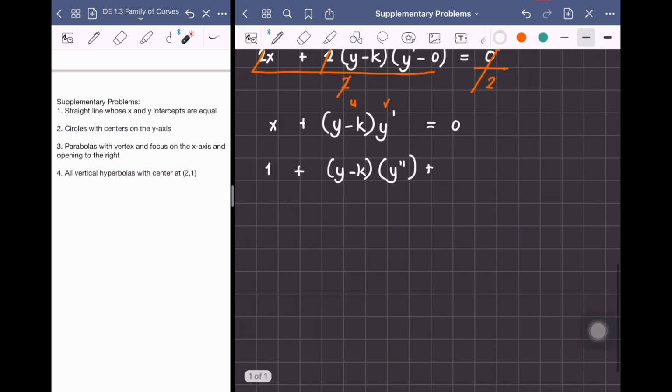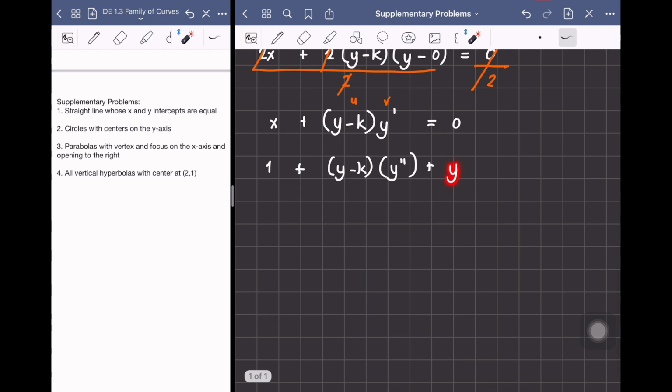So, we're going to copy v, that's y prime, multiplied by the derivative of y minus k. So, for the derivative of y minus k, that is y prime, minus the derivative of k is 0. Okay, and then equate to the derivative of 0, which will still be 0 since it is a constant.